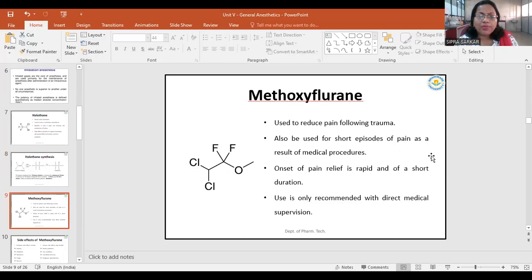It can also be used for short episodes of pain as a result of medical procedures. Onset of pain relief is rapid and short in duration. That means the pain sensation will be lost rapidly and the duration of action will be short. Use is only recommended with direct medical supervision because it needs some medical supervision to control this treatment.